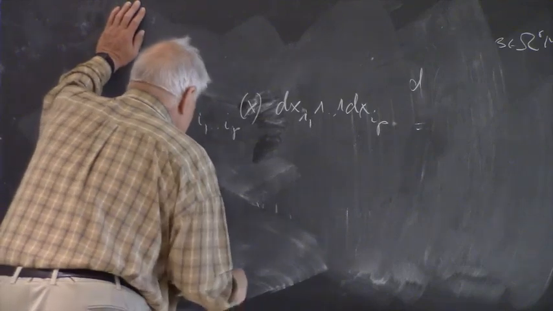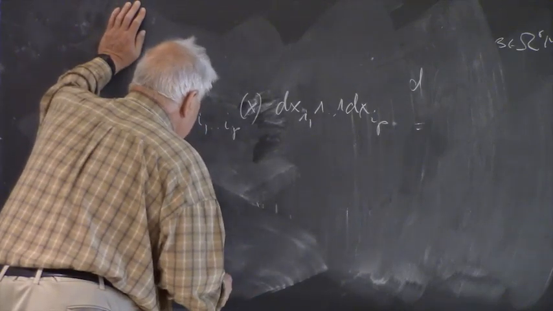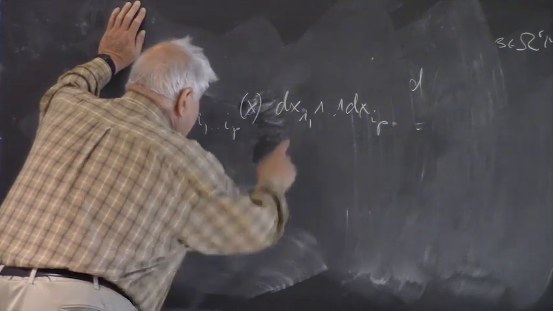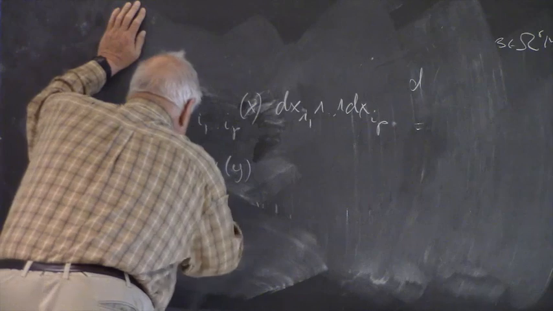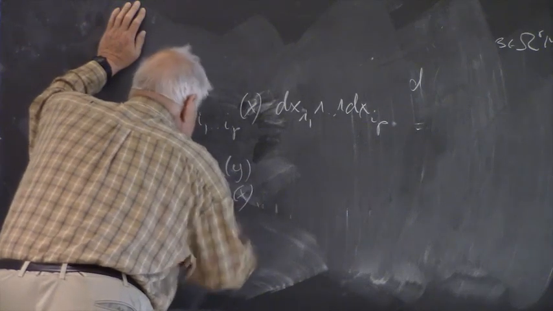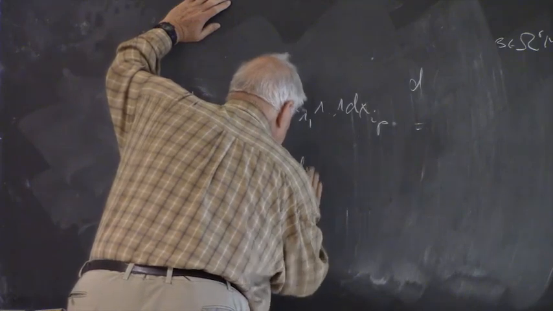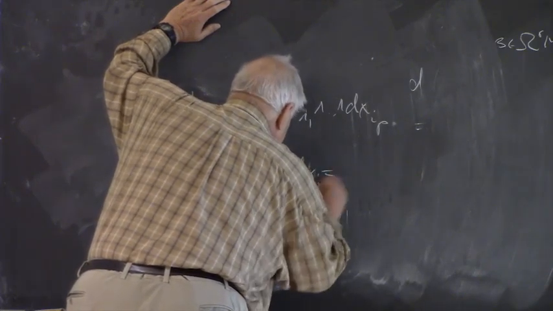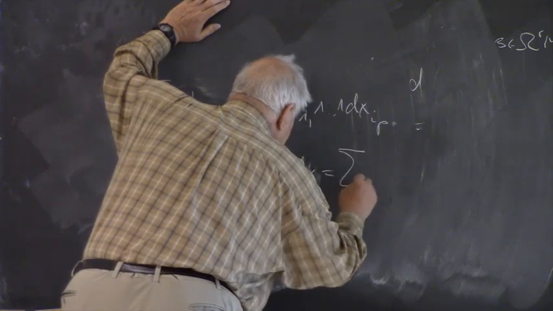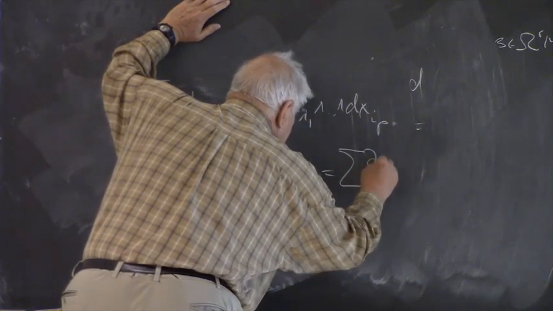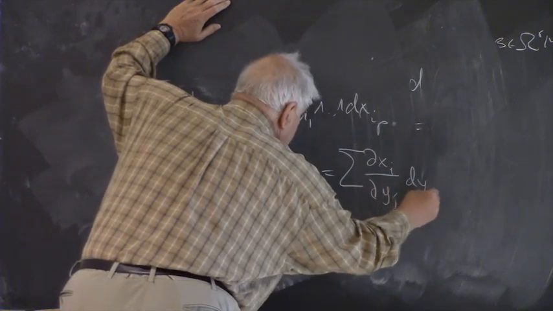Then, if you have another coordinate system, then certainly we can express first of all the differential. So x's are functions of y's and y's are functions of x's. So I can write dxi is equal to the sum of dxi over dyj times dyj, right?